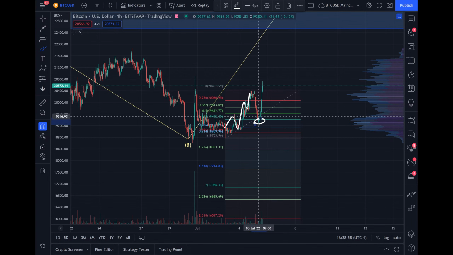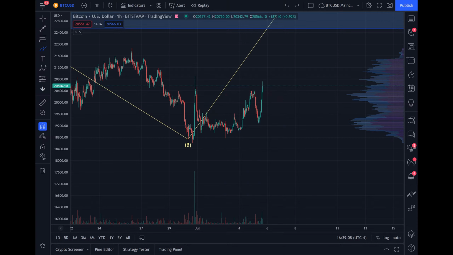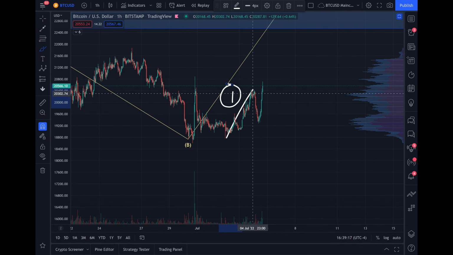You came down and tested the 0.618 in a very, very quick move to the downside, which is customary in a wave 2 correction, okay? Remember, if this is wave 1, wave 2 typically corrects sharply, and it corrects 61.8% of wave 1, and this is what we're seeing here.